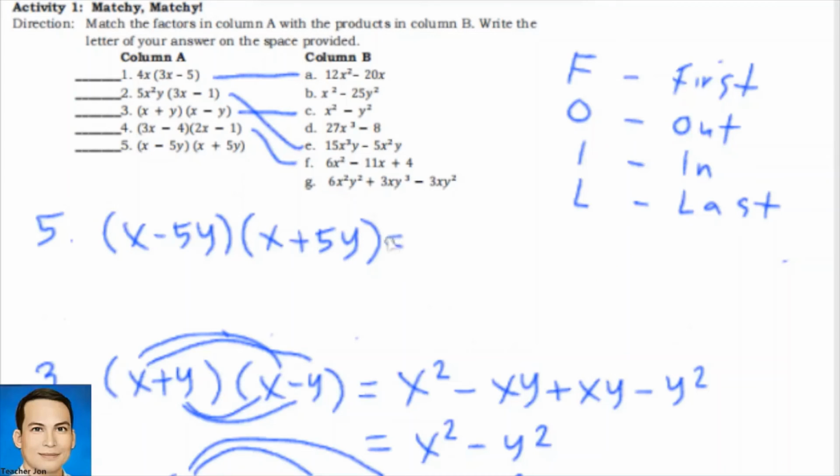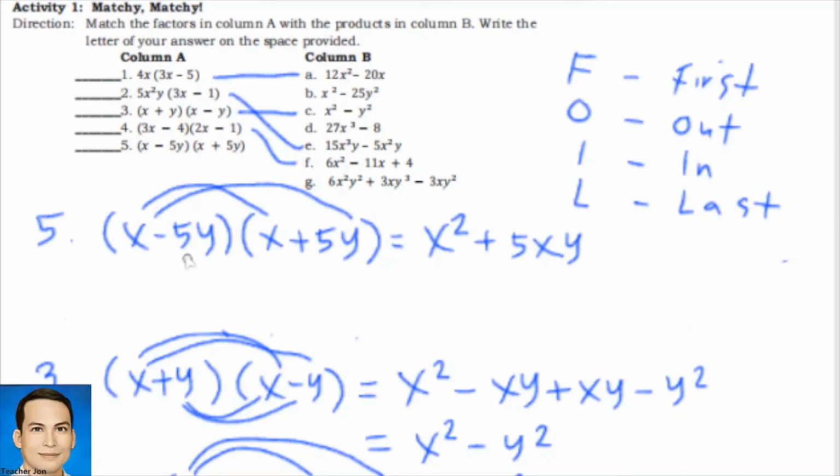Now, using the same principle, the FOIL method, the first terms, x times x is x squared. Then, for the outside or outer terms, x times 5y, we have 5xy. As you can see, the variables x and y are arranged in alphabetical order.